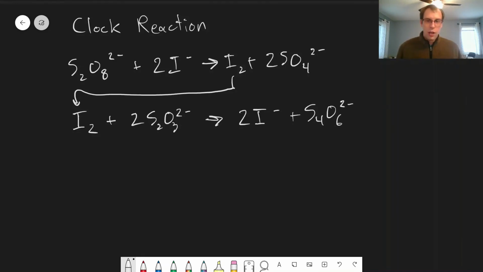The useful thing here is that the iodine gets used up and the iodide is regenerated. So we keep the same constant concentration of iodide, but the thiosulfate that we add reacts with our iodine and uses it up. So our product is basically not going to be present because it'll react with the thiosulfate.